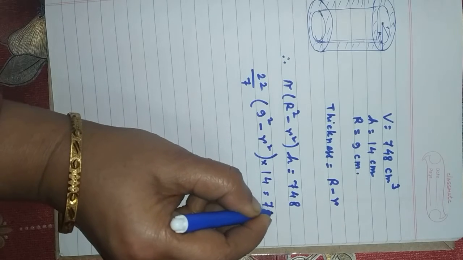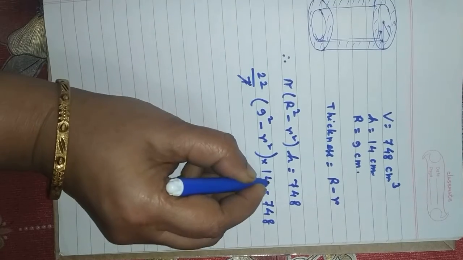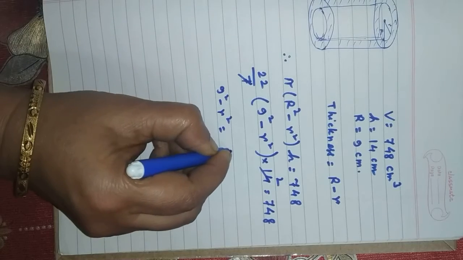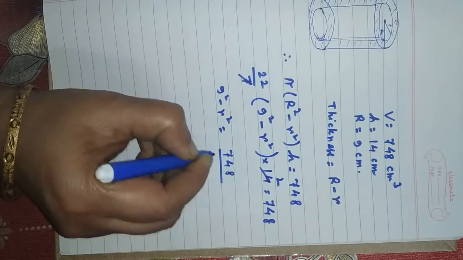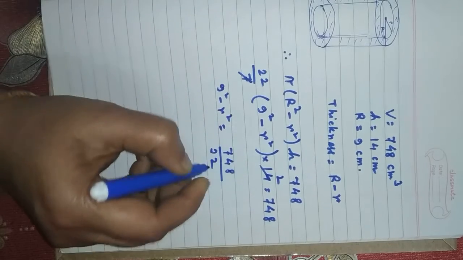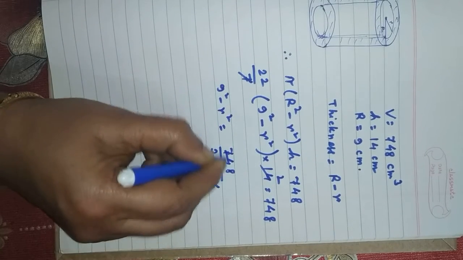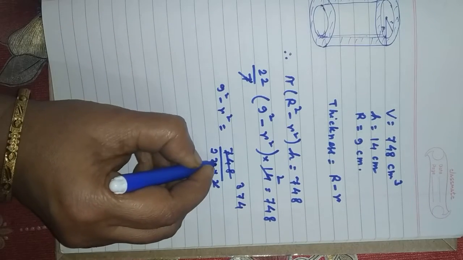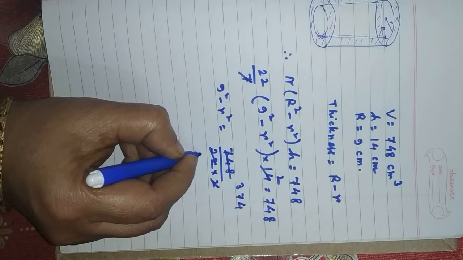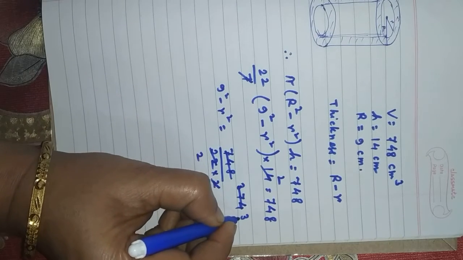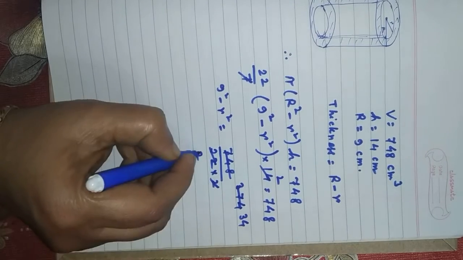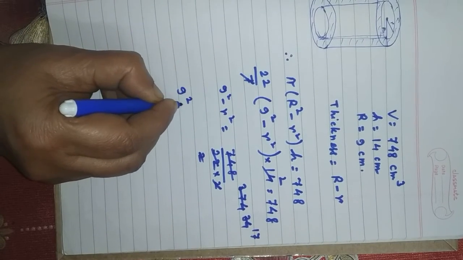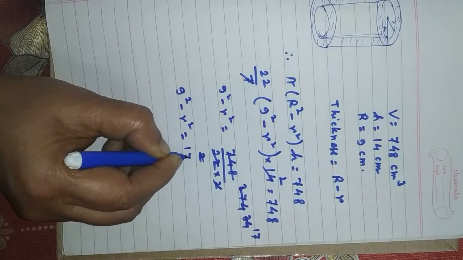So 748 equals, 7 twos are 14, so 9 square minus r square is equal to 748 upon 22 and 2. So 2, 374, again by 11, 11 twos are 22, 11 threes are 33, 34, 2, 17. So we can say that 9 square minus r square is equal to 17.